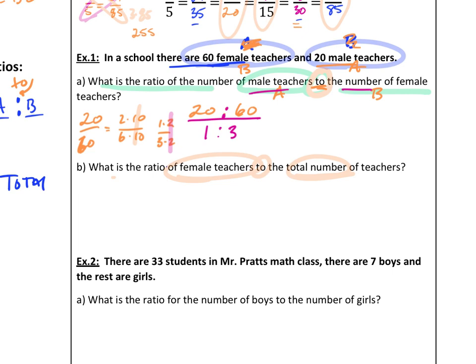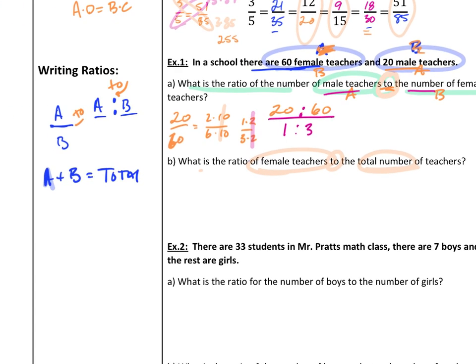So this is where students make a mistake. You got to ask yourself, A was the female teachers, which is 60 teachers, plus we have 20 male teachers. So it means our total is 80.